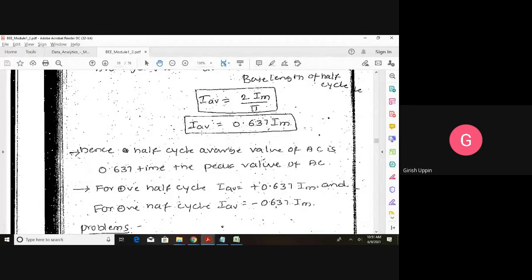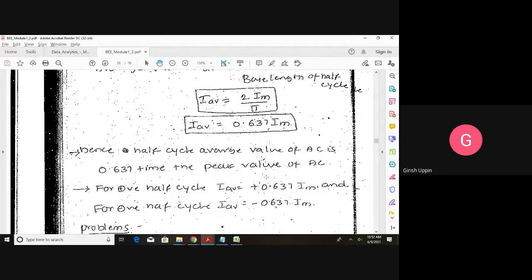This is how we calculate the average value. If I know the peak value of the alternating current or voltage, then the average value of that alternating current is 0.637 times the peak value Im. Hence, the half cycle average value of AC is 0.637 times the peak value.